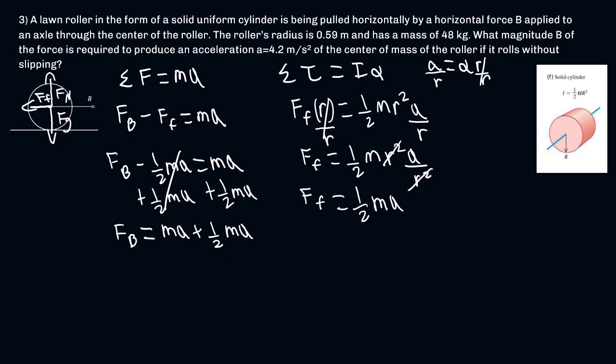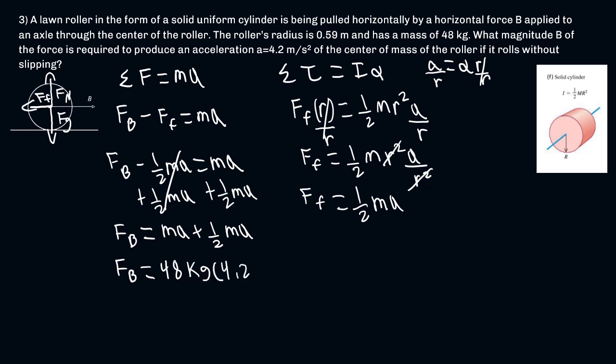Alright, so now let's plug in what we have here and we can find the applied force B. So we have FB, we're going to bring this down here. Same thing as our applied force B up there that we're talking about. We have the mass of the cylinder that is going to be 48 kilograms times my acceleration.